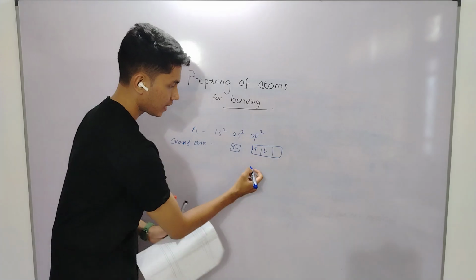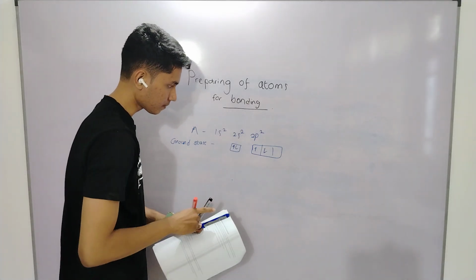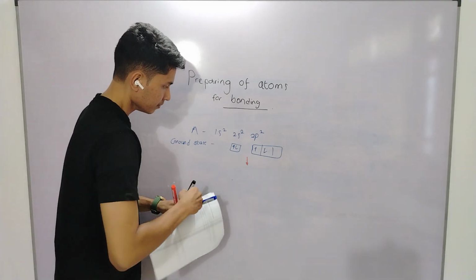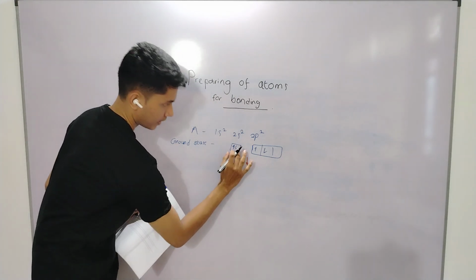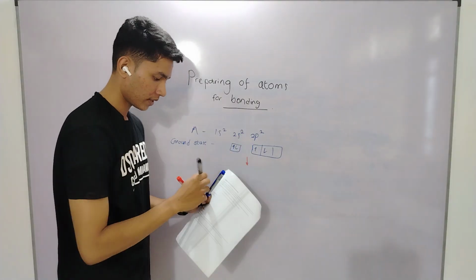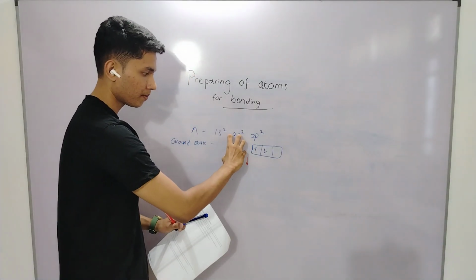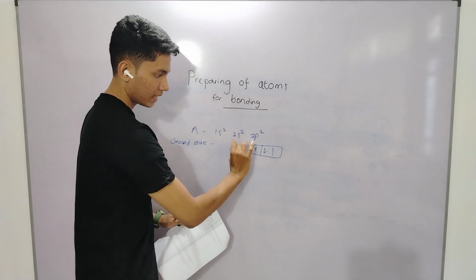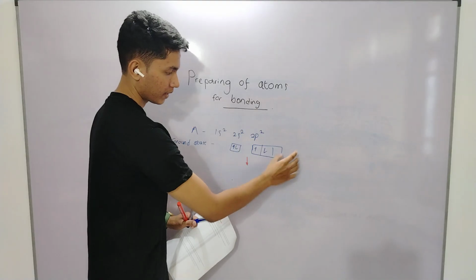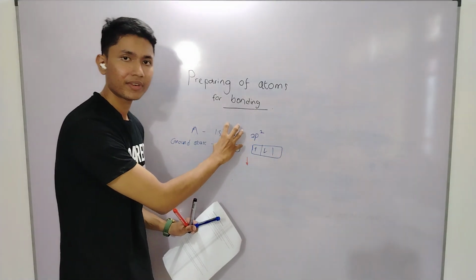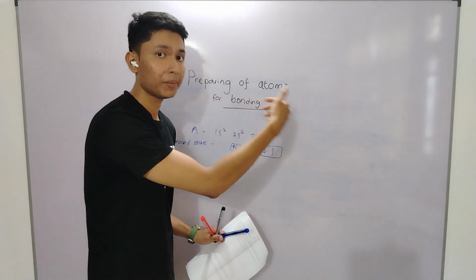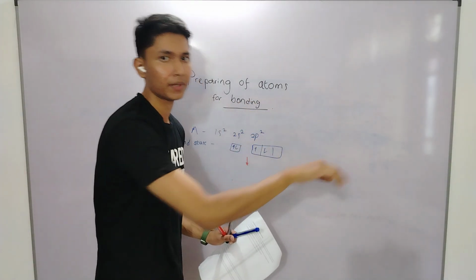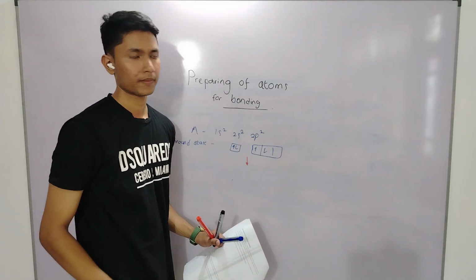Then what happens in excitation is that an electron from a completely filled orbital is sent to an empty orbital, so that the number of lone electrons is maximized. That's what excitation means.